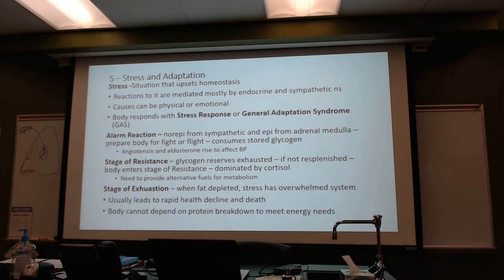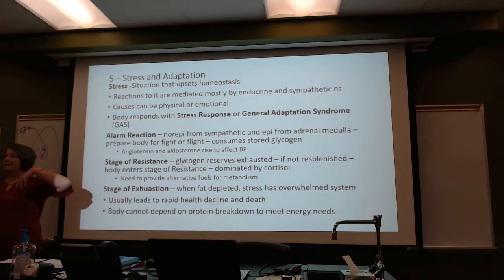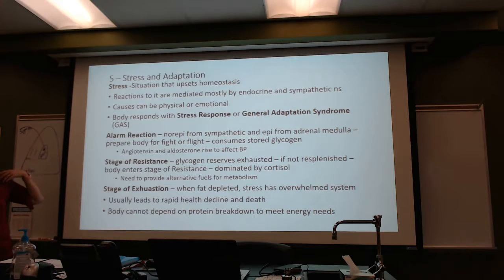Sometimes that response depends on people's ability to handle it, okay? And then we have our general adaptation syndrome, labeled GAS, go figure. But here's what's going to happen. In a normal, just a small stressor, it doesn't get this difficult.